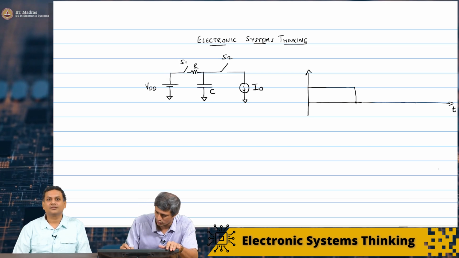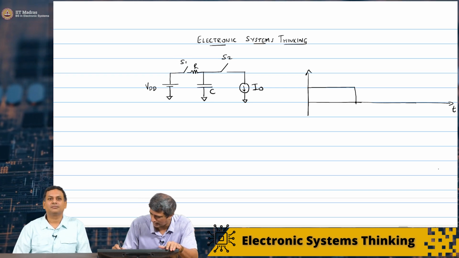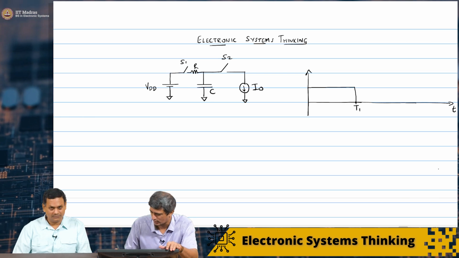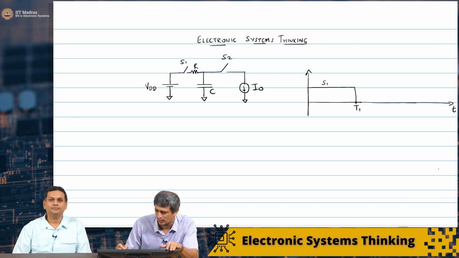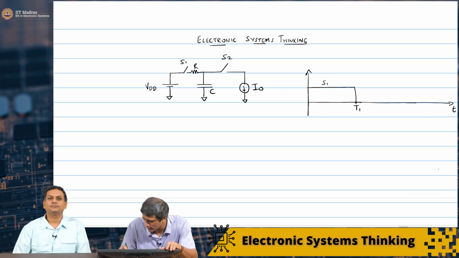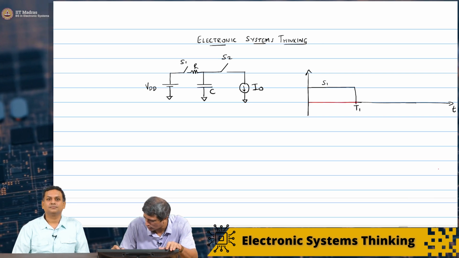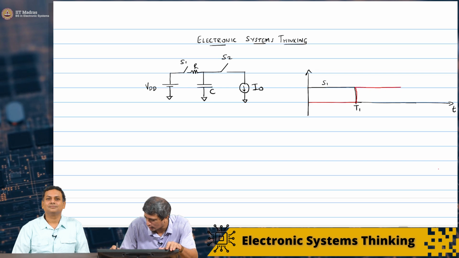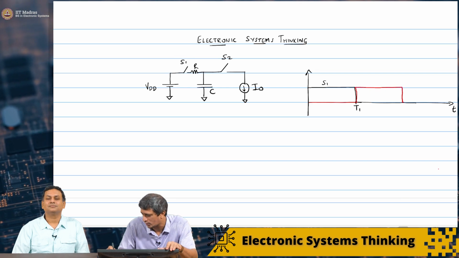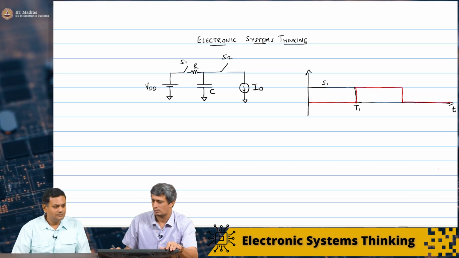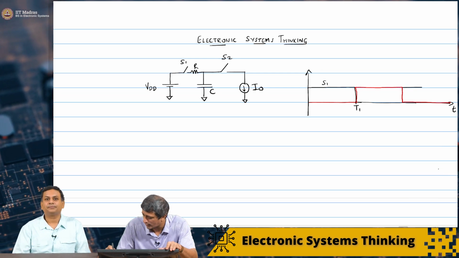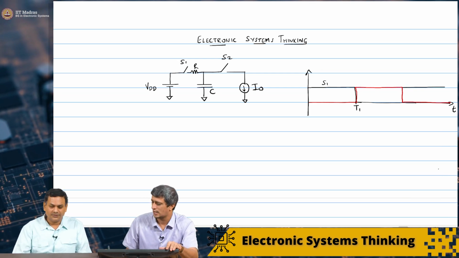Okay, so I have my time. This is S1, and then S2 is basically 0, and then at T1 it goes high all the way to T2 and then back, and maybe S1 then goes high again.